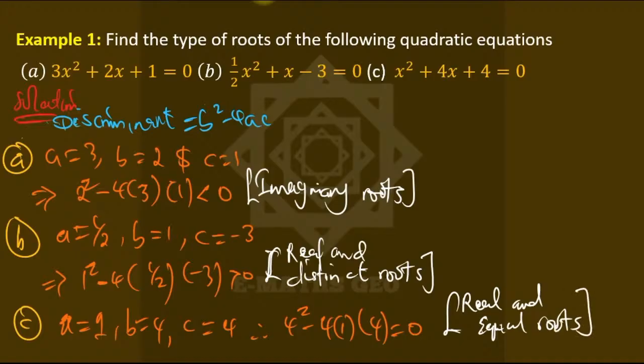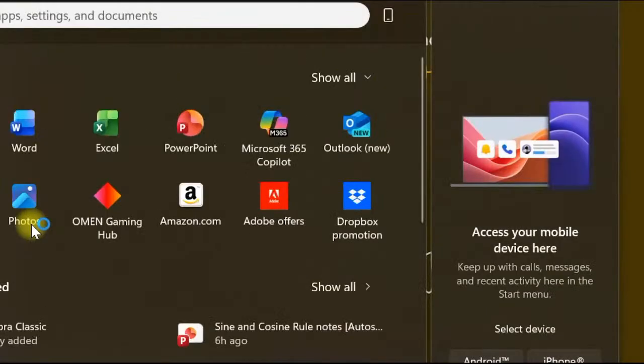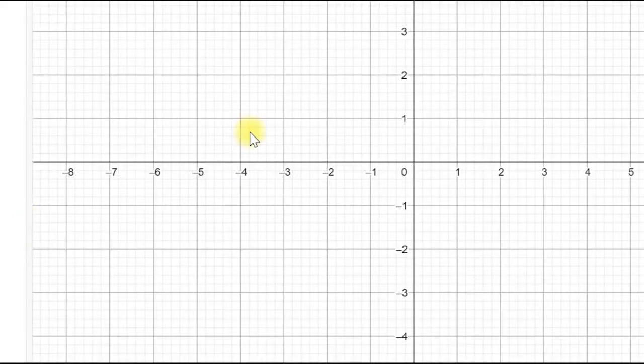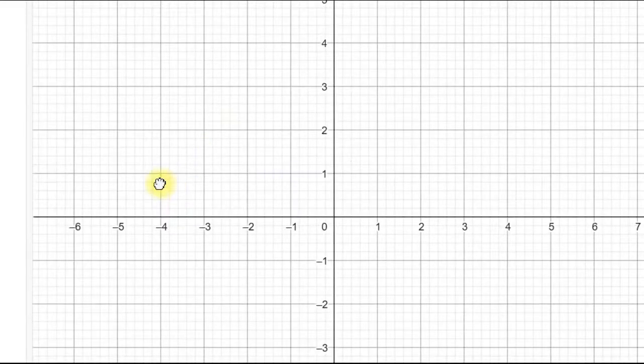So let's plot these so that you see that we are correct. Let's plot.